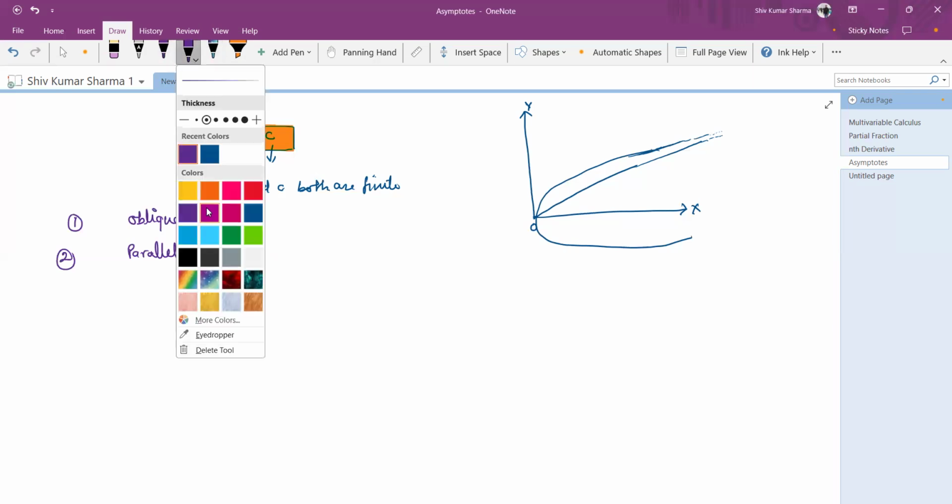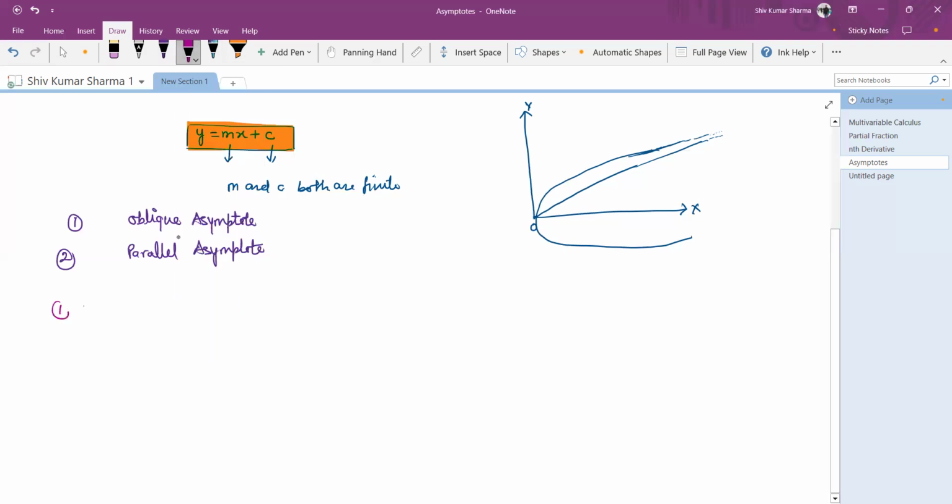For obtaining the oblique asymptote, we follow the formula.